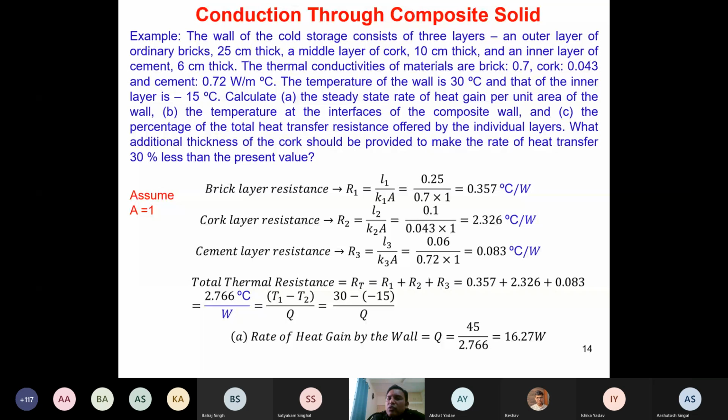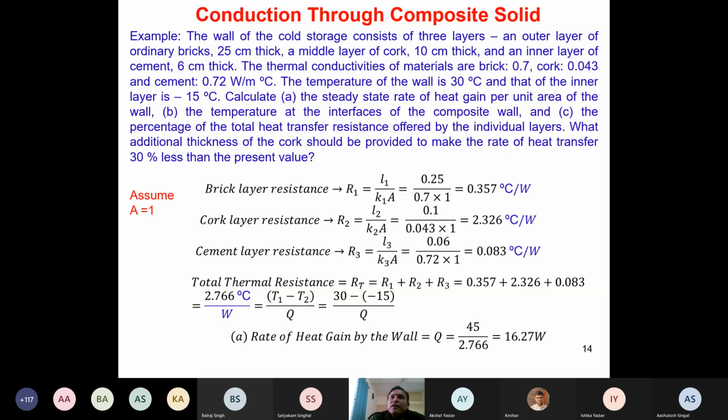Again, the thermal conductivities of the materials are given. The brick is 0.7, cork is 0.043, and the cement is 0.72 watt per meter degree Celsius. The temperature of the outer wall is 30 degrees Celsius, and that of the inner layer is minus 50 degrees Celsius.